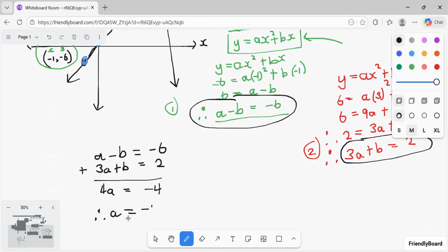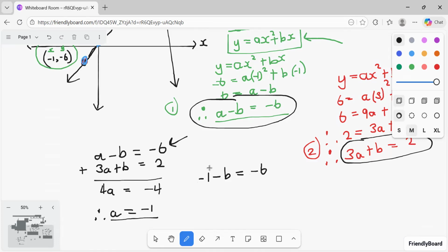Now I find b by substituting a into this equation on top, a minus b is equal to negative 6. In the place of a, I'm going to put negative 1. So this is going to be negative 1 minus b is equal to negative 6.